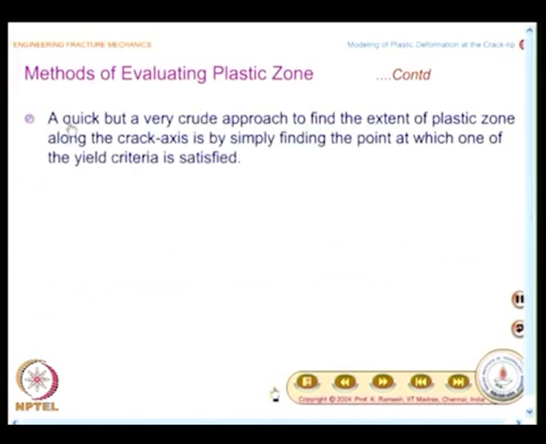So, one of the quickest methods, but definitely a very crude approach, is to find the extent of plastic zone along the crack axis by simply finding the point at which one of the yield criteria is satisfied. We will not do any elaborate elastoplastic calculation.